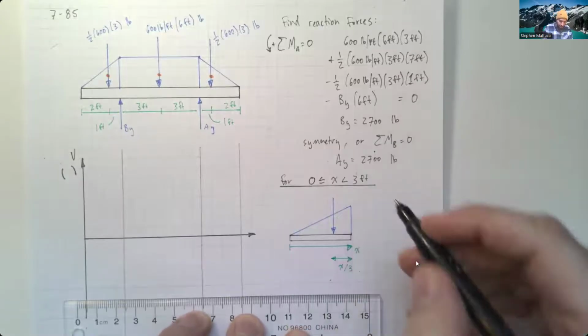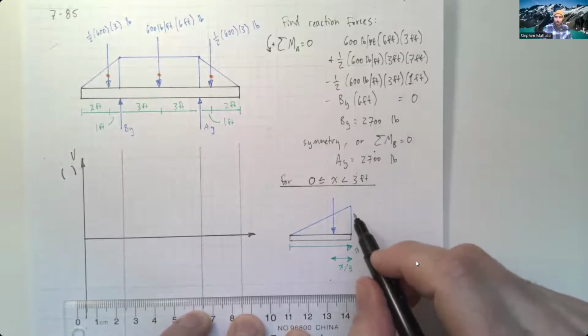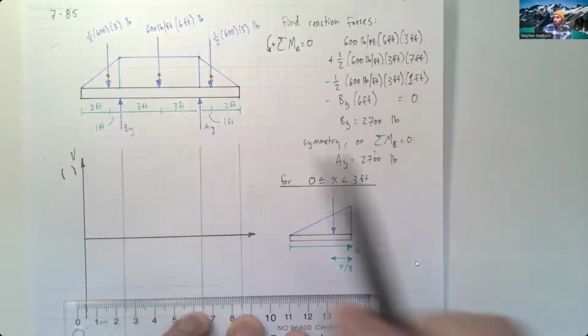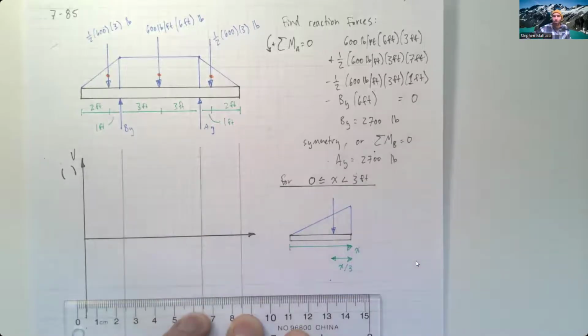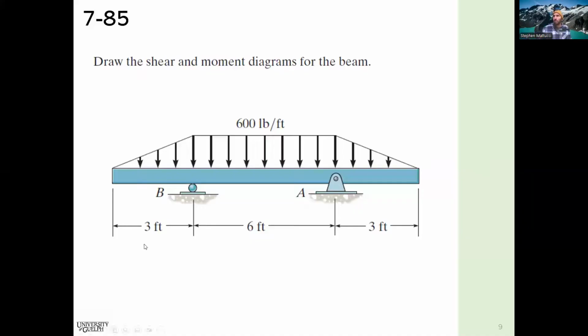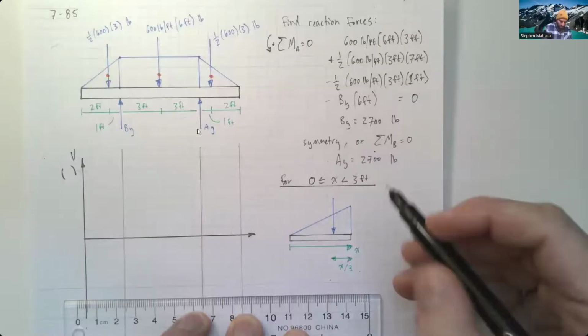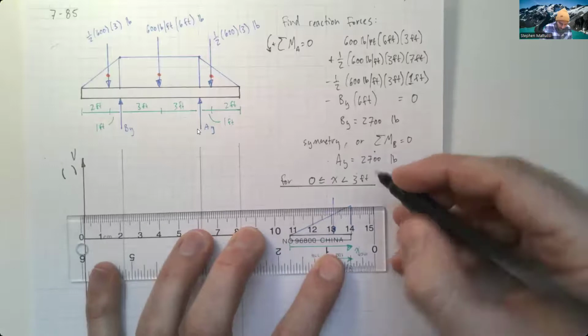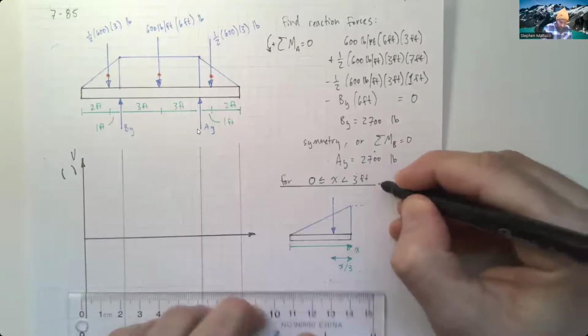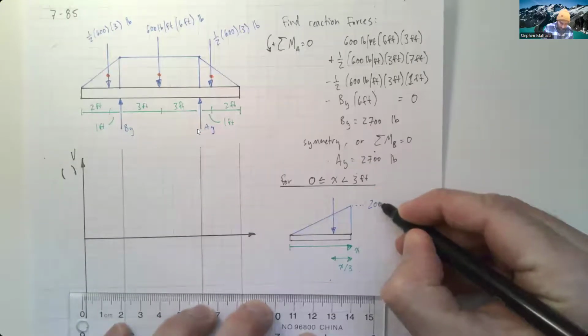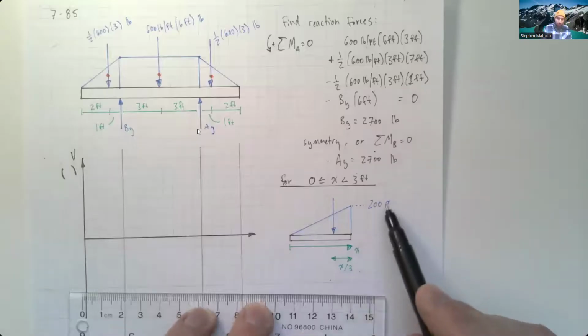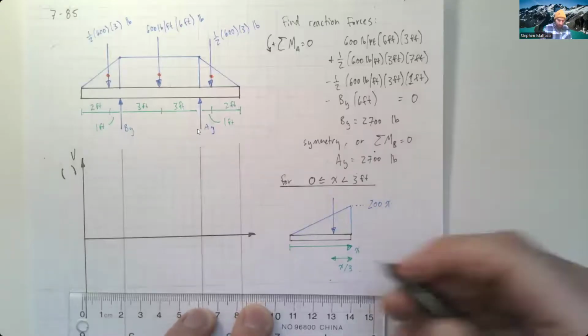Now, the peak of this triangular distributed load, or in our problem, we can see at the very tip, when x is equal to 3 feet, the peak is going to be 600. So if x equals 3, this value has to be 600, which means that this value up here is going to be 200x, such that when x equals 3, this is going to equal 600.